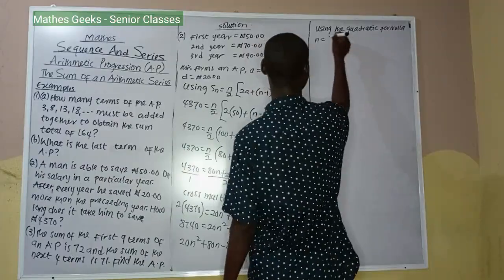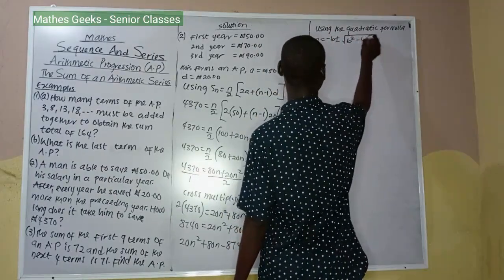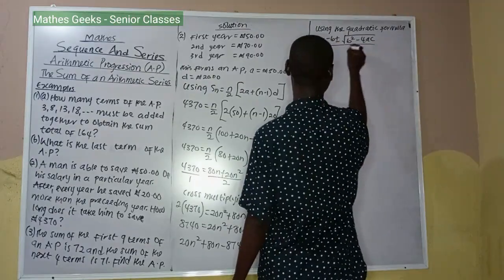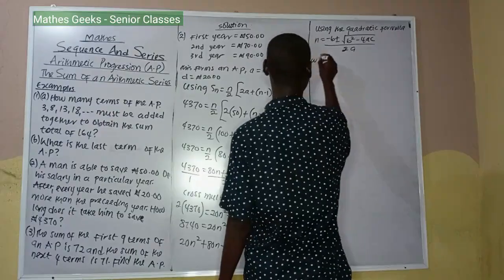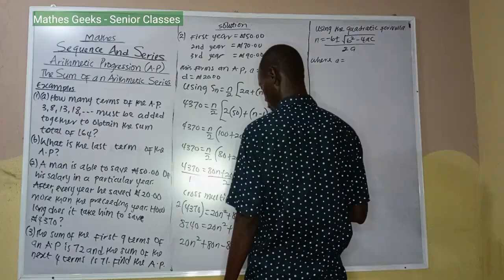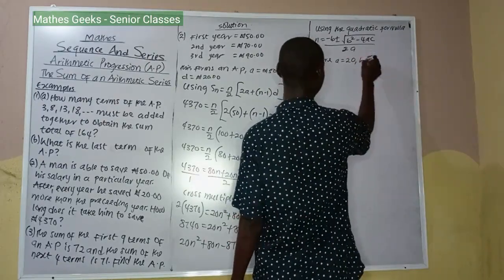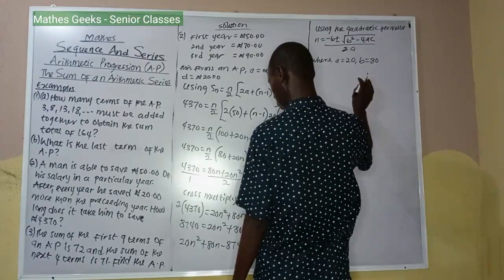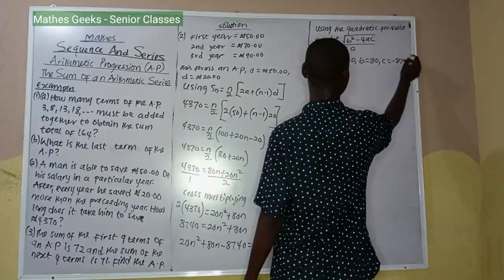n is equal to minus b plus or minus the square root of b squared minus 4ac, over 2a, where a is equal to 20, b is equal to 80, and c is equal to minus 8,740.